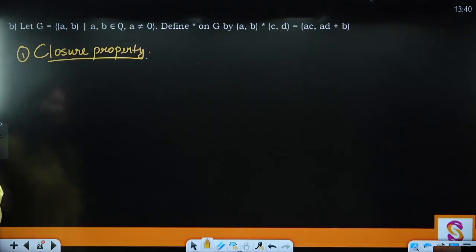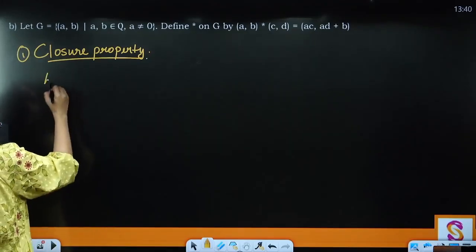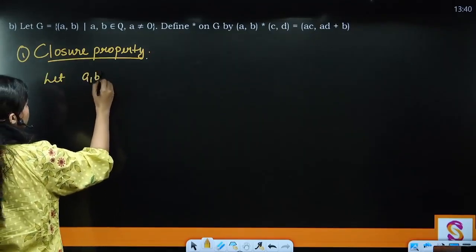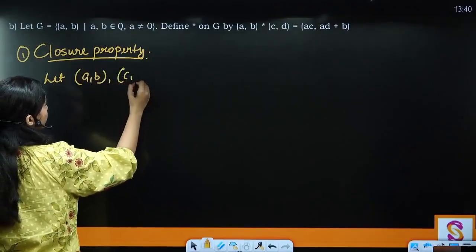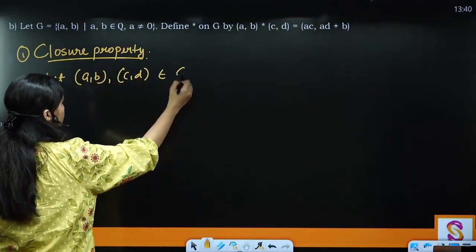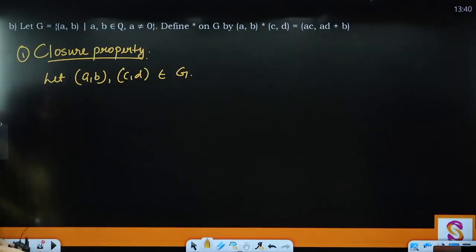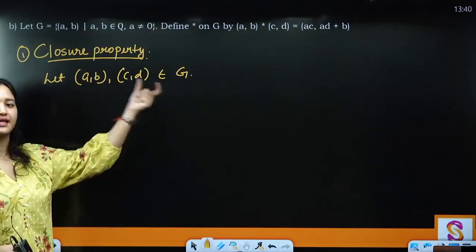All right. Now let (a, b), (c, d) belong to G, right? Pay attention that ordered pairs are the elements here.